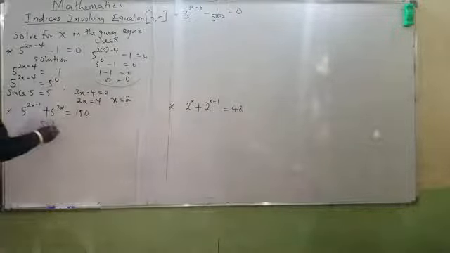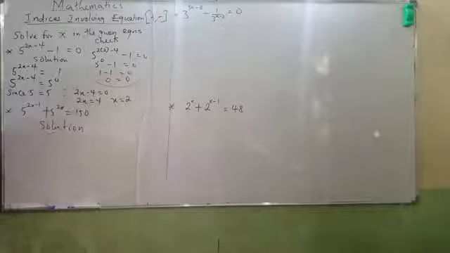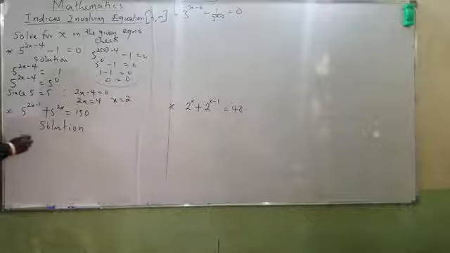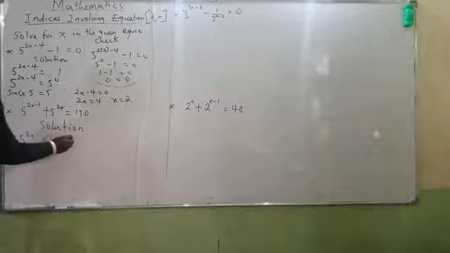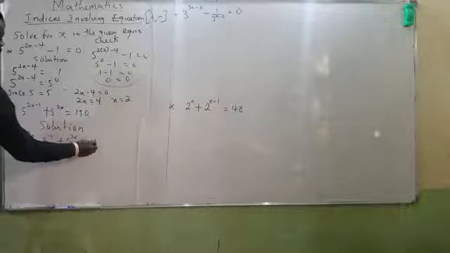Look at this, number 1. This is number 2. It's also a straightforward one. Now, what I just need to do here, I'll be having 5 raised to power 2x dot 5 raised to power minus 1 plus 5 raised to power 2x equals to 150.